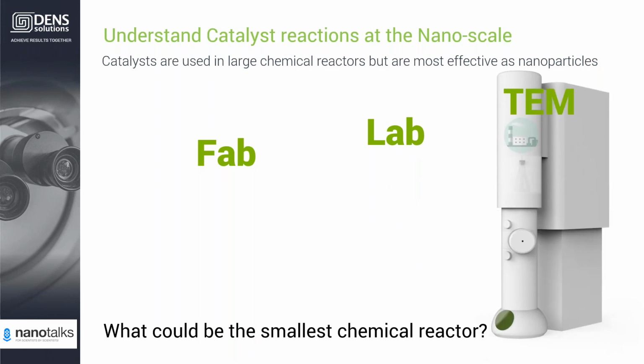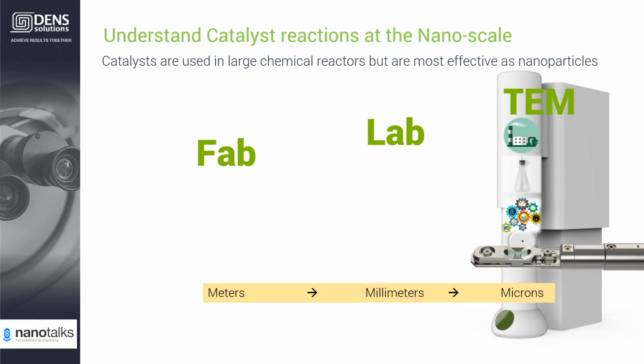For that, you need to have a nanoreactor, and that's exactly what we made for Climate. A nanoreactor made of 2 MEMS chips in the Climate holder to transform the catalyst process from fab scale via lab into a micron size reactor where you can observe events happening at the nanoscale.